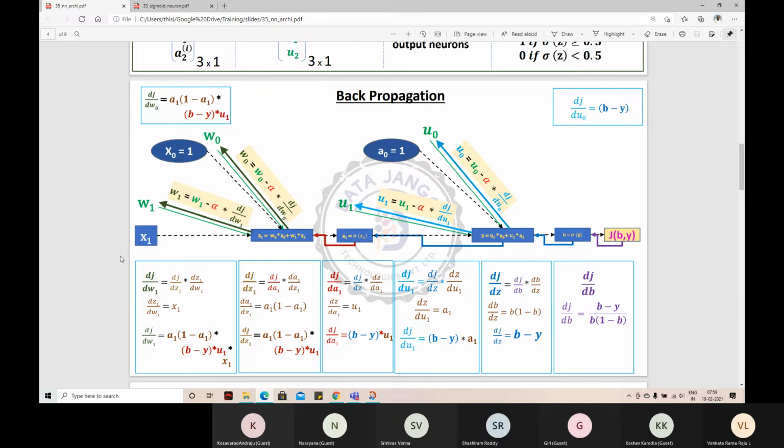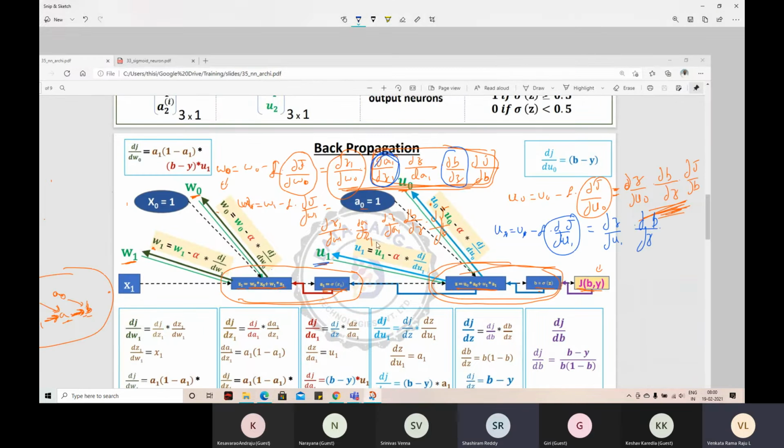It will calculate from the left side only. So the adjusting of the weights will start from the input layer or the first hidden layer? Input layer only. Because there is no dependency, right? Sorry, that is there.